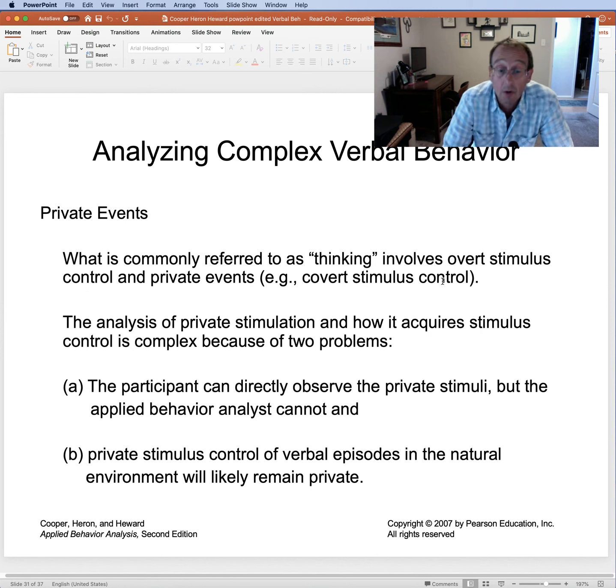Private stimulus control of verbal episodes in the natural environment will likely remain private. So sometimes when something happens in the natural environment and cues us to think something, we don't necessarily say it out loud. So it's hard sometimes to know whether somebody has had a thought or not. And then, of course, we're reliably inaccurate at reporting our own behaviors and feelings.